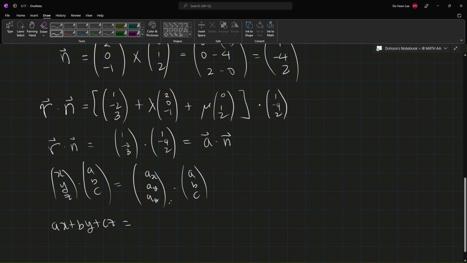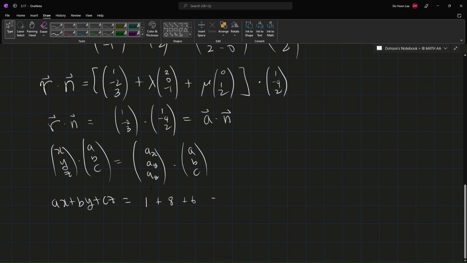And for the right-hand side, let's just use the example above. So a dot n will be 1, negative 2, 3 dot 1, negative 4, 2. So it'll be 1 plus 8 plus 6. And on the left-hand side, I can replace a, b, and c with the normal vector. So it'll be x minus 4y plus 2z equals 1 plus 8 plus 6, so it's 15.